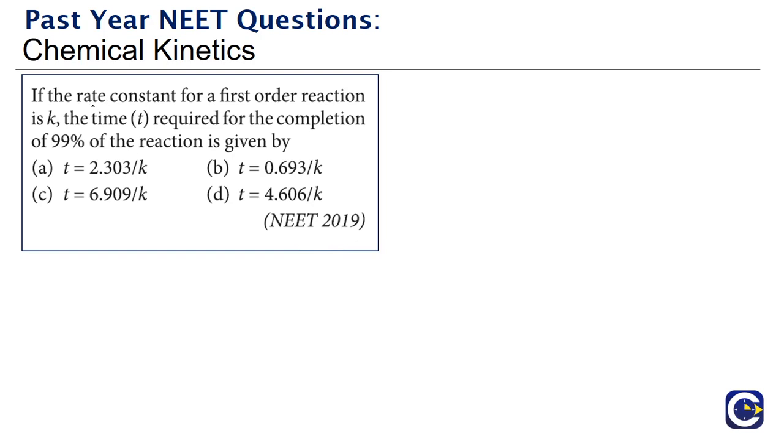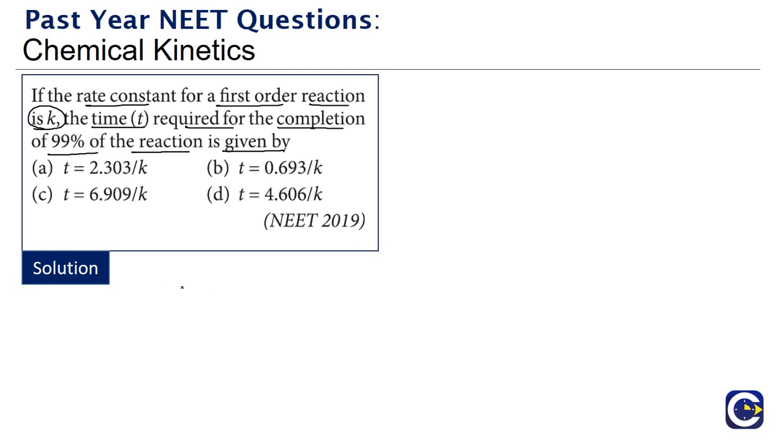If the rate constant of a first order reaction is K, then the time T required for completion of 99% of the reaction is given by. So we need to express the time required for 99% completion of the reaction.